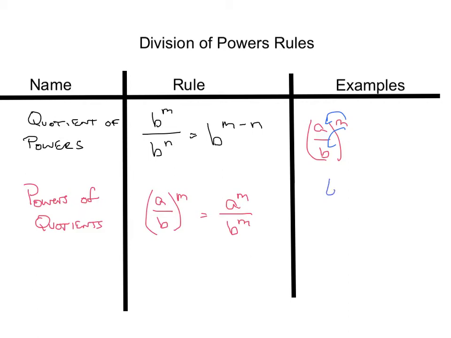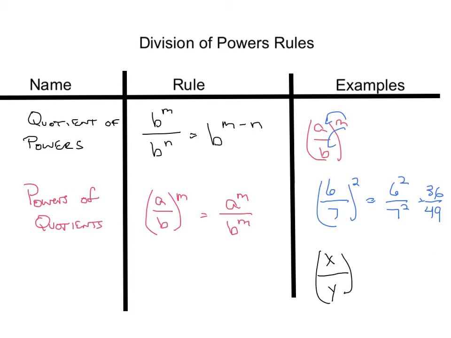So something like 6/7 to the 2nd would be 6 to the 2nd over 7 to the 2nd, 36/49. Or perhaps x over y to the 5th would be x to the 5th over y to the 5th.